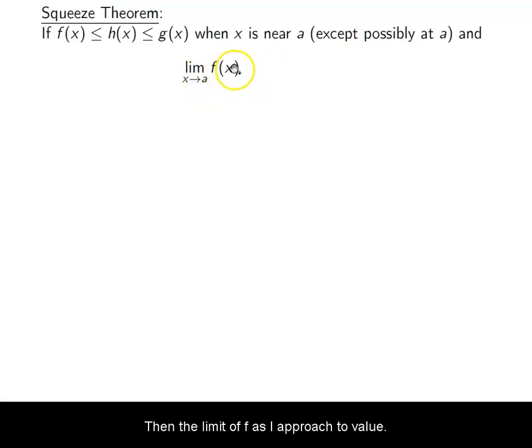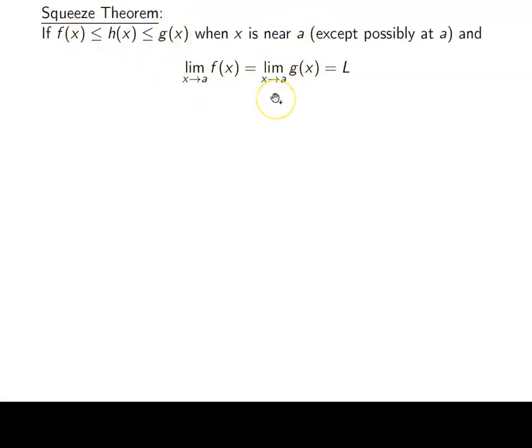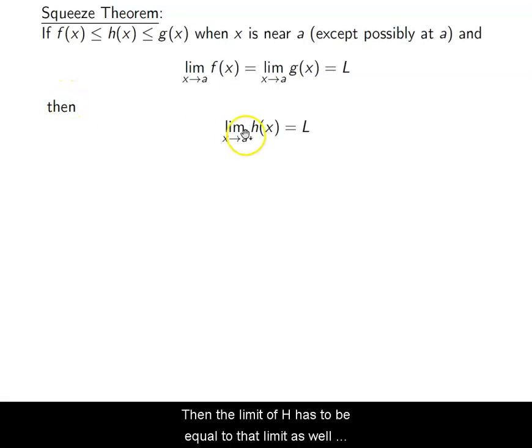Then the limit of f as I approach a value a is going to be equal to the limit of g as x approaches a. So h is always between f and g, but the limit of f and the limit of g are equal at some point a, then the limit of h has to be equal to that limit as well. So that's called the Squeeze Theorem or the Sandwich Theorem.